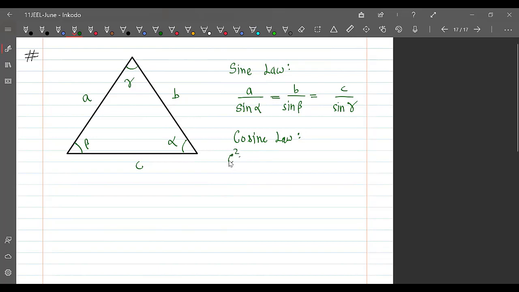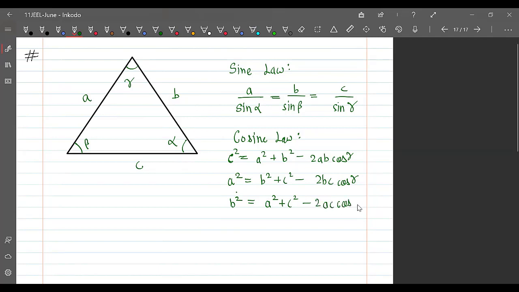The third side squared, C square, is equal to A square plus B square minus 2AB cos gamma, where gamma is the angle between A and B. Similarly, A square can be written as B square plus C square minus 2BC cos alpha, where alpha is the angle between B and C. And then B square is equal to A square plus C square minus 2AC cos beta, where beta is the angle between A and C. So this is the sine law and cosine law.